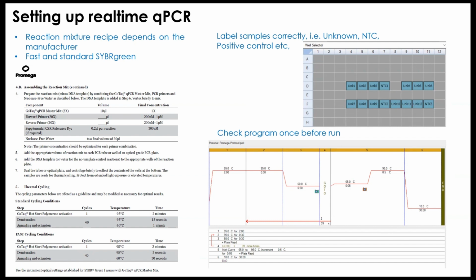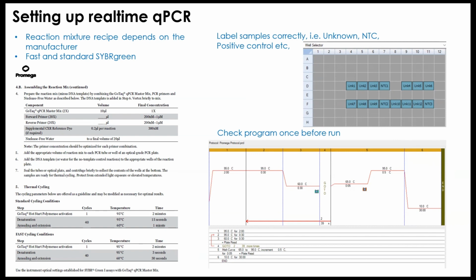And then you don't have to add the ROX reference dye, because generally there is already a control reference dye in the thermal cycler these days. You don't have to add that. Then make up the final reaction volume to 20 microliter.